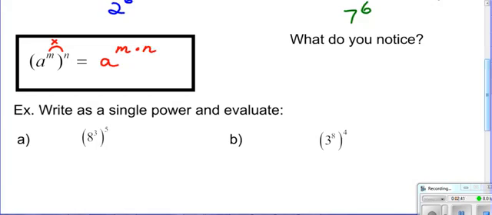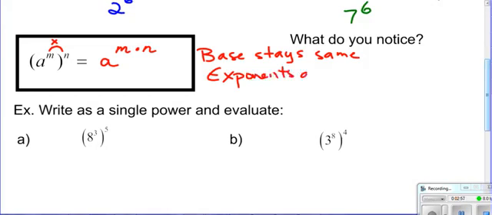The base stays the same, the exponents are multiplied. So that's our third exponent rule. This is the power of a power rule.